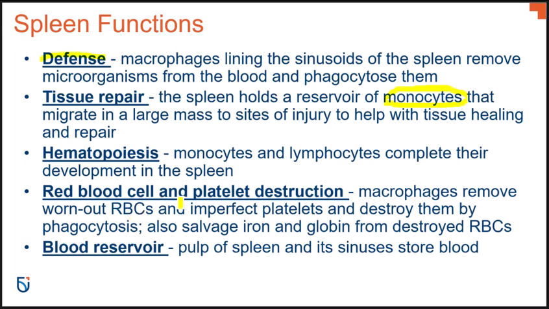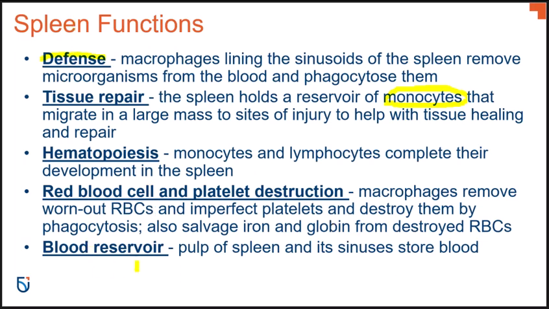They can be phagocytosed by macrophages that are found in the spleen, and that's also true of any imperfect platelets. Phagocytose them, and then, as we've already talked about in class, we can sort of recycle some of the ingredients, you could say, from the destroyed red blood cells and use them to make more red blood cells.